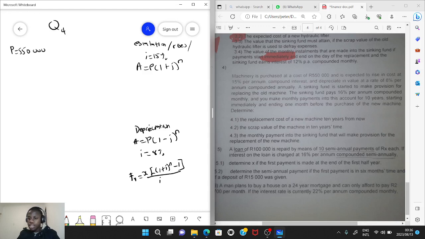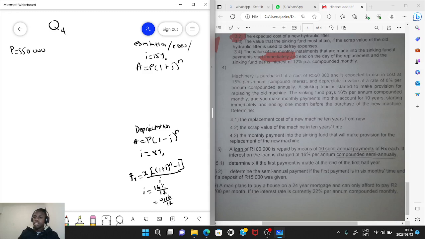So it has a sinking fund of 16% compounded monthly. My i for my sinking fund will be 16% divided by 12, because they said compounded monthly, which is the same as 0.16 divided by 12. Right, we continue.